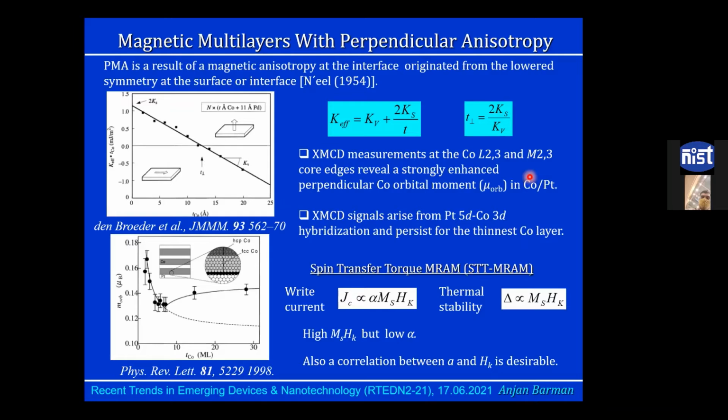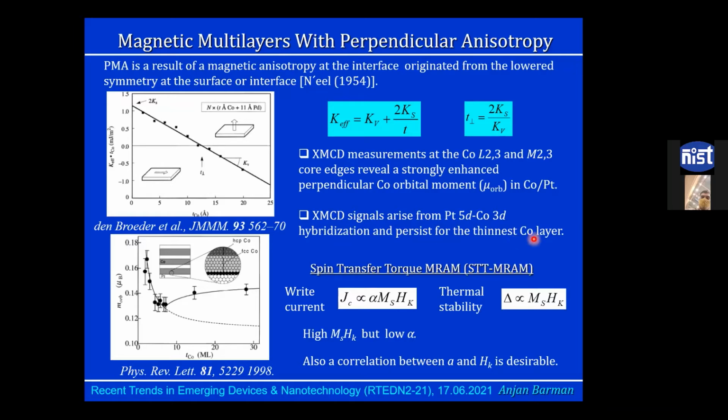That was also considered to be important for this perpendicular anisotropy in cobalt-platinum multilayers. People started to believe that there is a hybridization of the cobalt 3d and the platinum 5d band, and that actually persists for the thinnest cobalt layer.